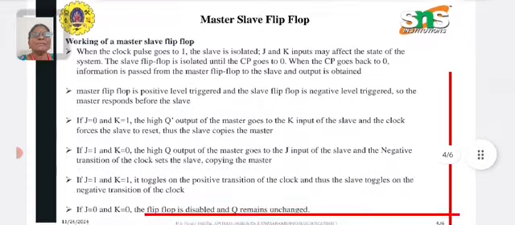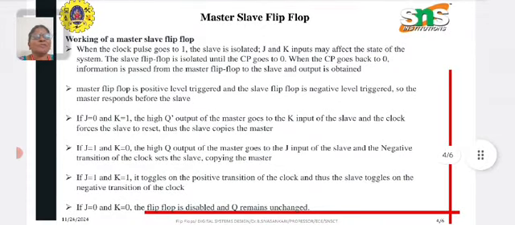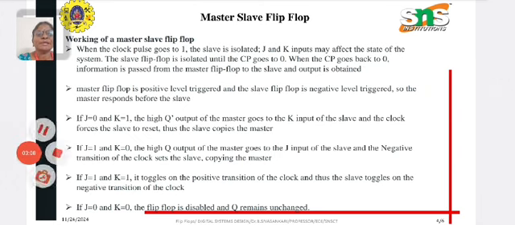The working principle of a master-slave flip-flop is as follows. When the clock pulse goes to 1, the slave is isolated, and the J and K inputs may affect the state of the system.